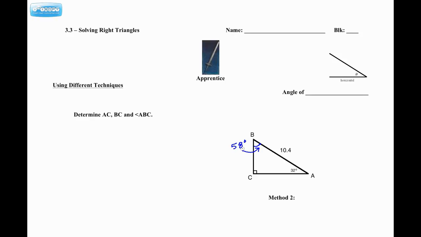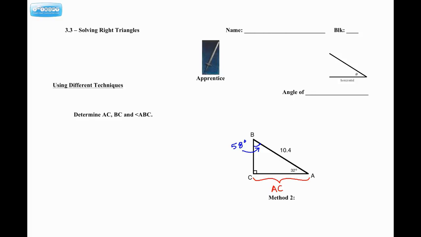But I'm going to use this angle instead of this angle down here to figure out some of these missing sides. So, which should we do first? Now let's do this one. Okay. Again, that's AC. Okay. So the hypotenuse is still, of course, 10.4. But if I use this angle, 58 degrees, AC is the opposite. So that's going to require the sine ratio.